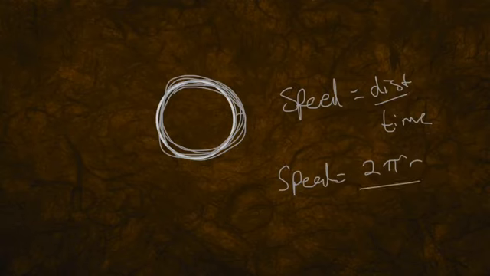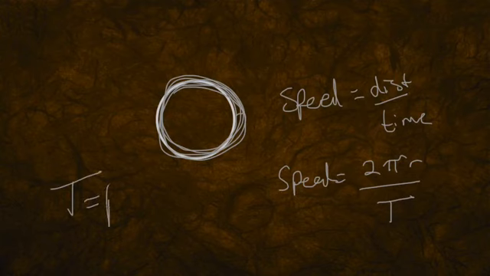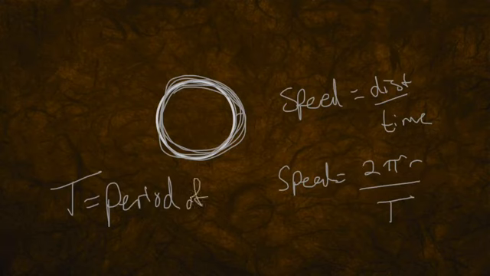Over. Now, the time it takes to go around the circle one time is called the period. It is the period of rotation, or anything that has a periodic function has this t to it. We call it capital T, and capital T is the period of rotation.